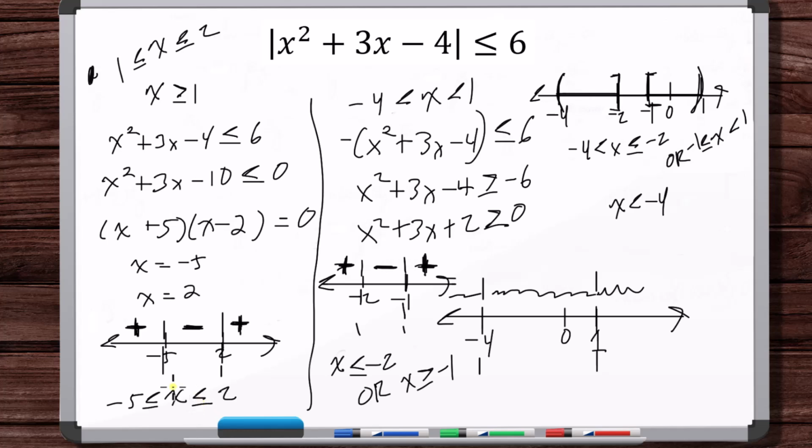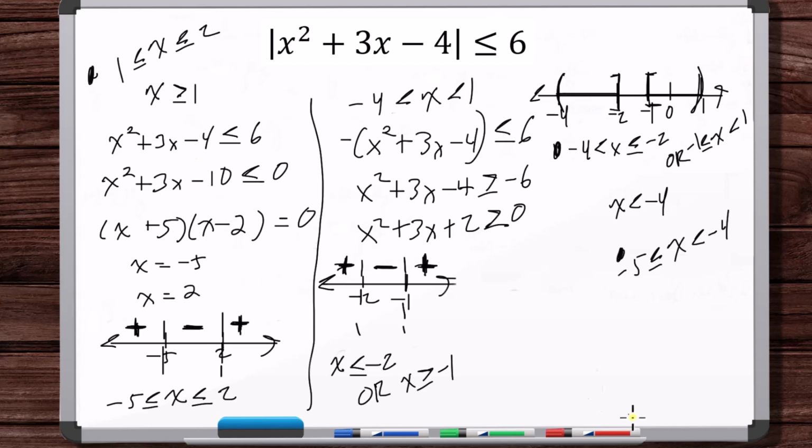But the difference here is that we originally took the and between these two for x, and now we want to take the and between these two. So where does the crossover between x is less than negative 4 and x is between minus 5 and 2 inclusive? That's going to be x is less than negative 4 and greater than or equal to negative 5. So there's our three answers.